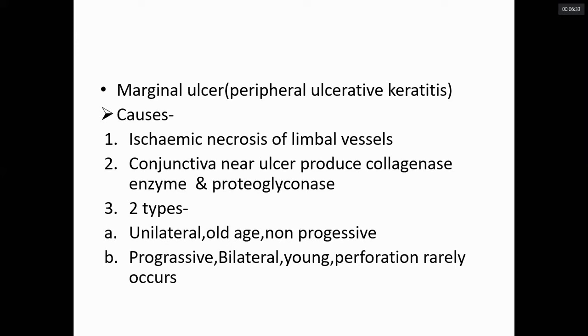When there is ischemia of the limbal vessels, collagenase enzyme and proteoglycolytic enzymes are liberated; they destroy the cornea and cause the ulcer. The picture is not clear. You can see the ulcer at the peripheral side.